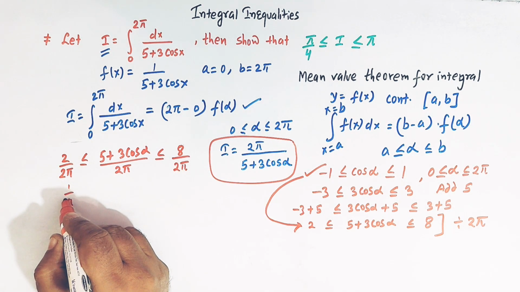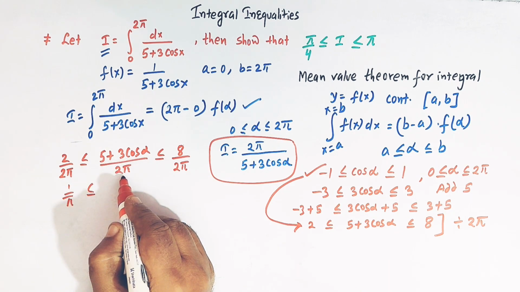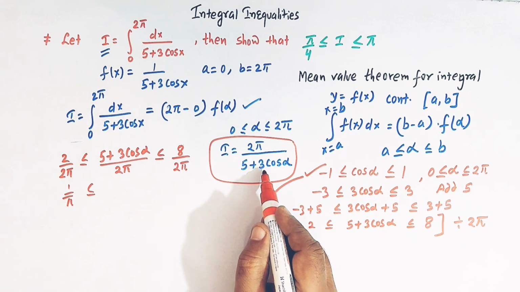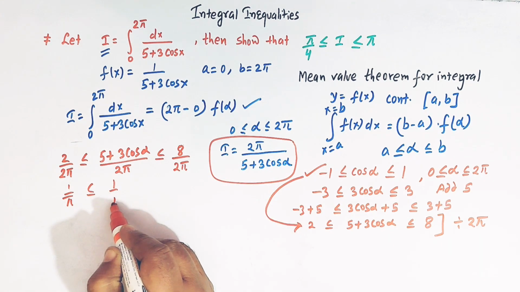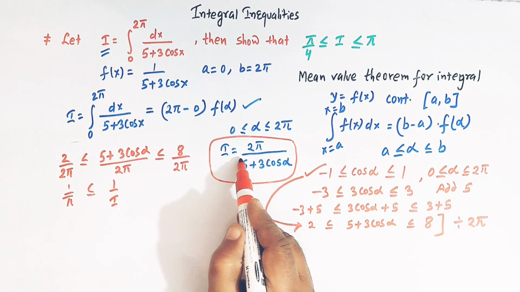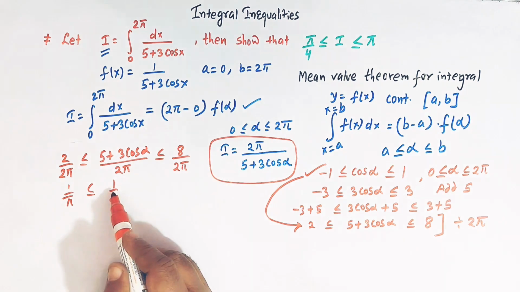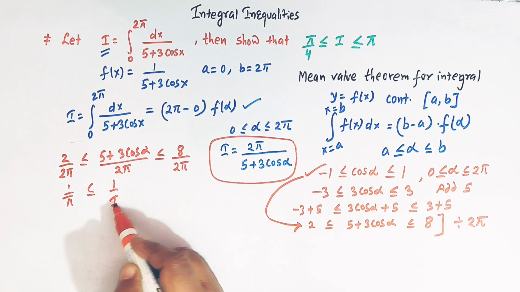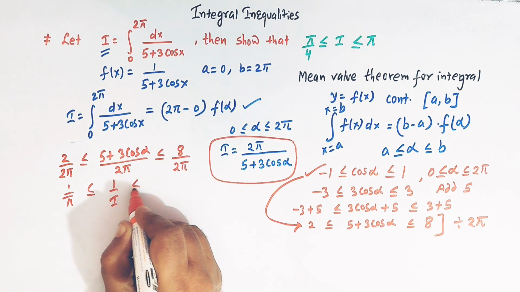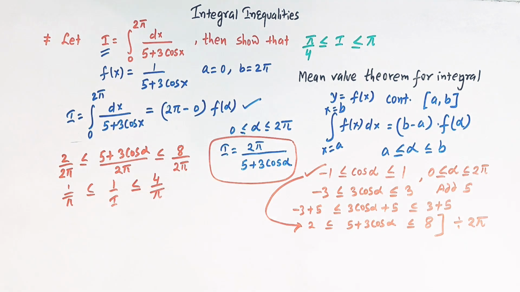Here we have 1 over pi. Then we have 5 plus 3 cos alpha over 2 pi, which can be written as 1 over I, because I is 2 pi over 5 plus 3 cos alpha. And 8 over 2 pi is 4 over pi.